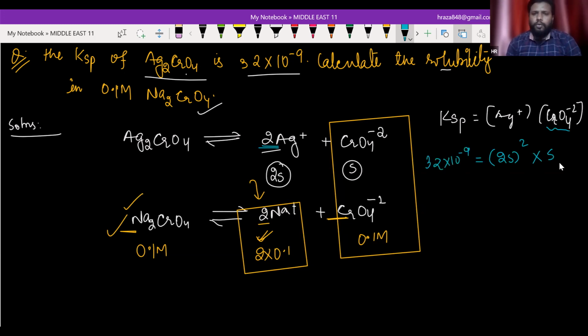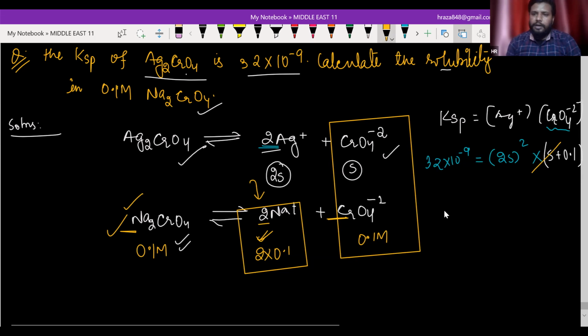Then, the solubility of CrO4 minus 2 has two sources, one from Ag2CrO4 and one from Na2CrO4. So it will be mixed and it will be equal to s plus 0.1. Again, you have to neglect this s because it is very small.